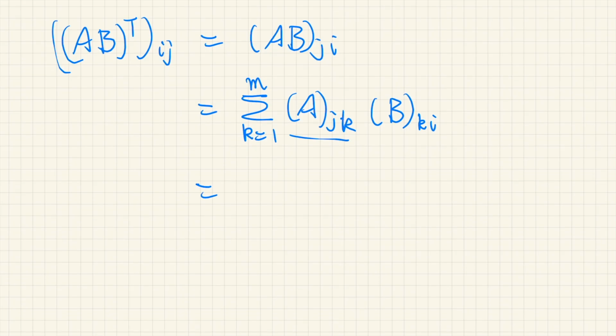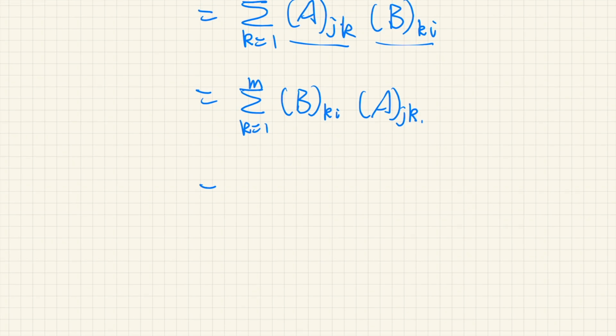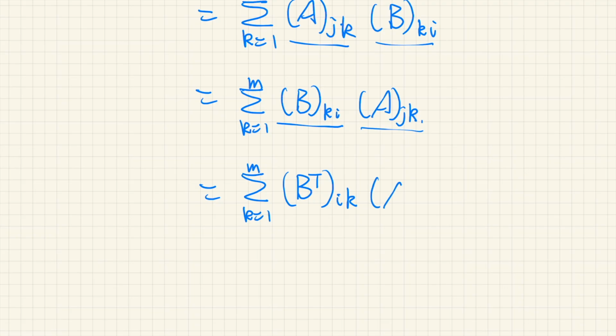And since they are just numbers, we can always swap the order. Let's do it. And this is b ki times a jk. But this one is the ik element of B transpose, right? So it's B transpose's ik element. And similarly, this is the kj element of A transpose.